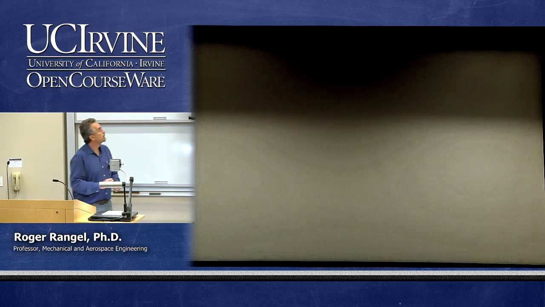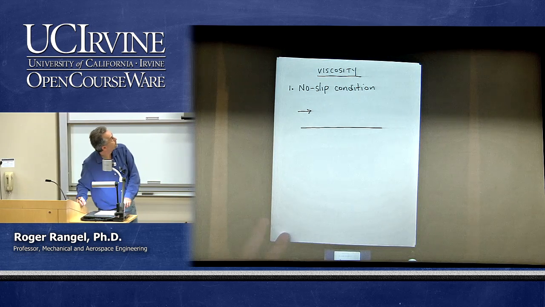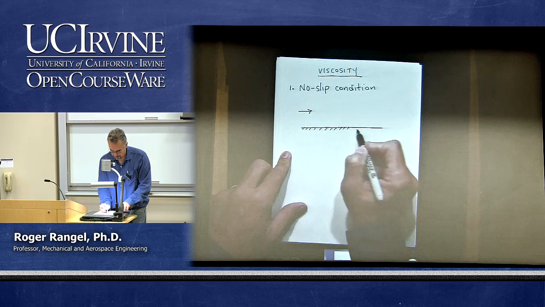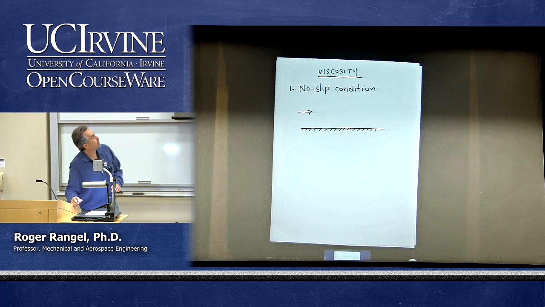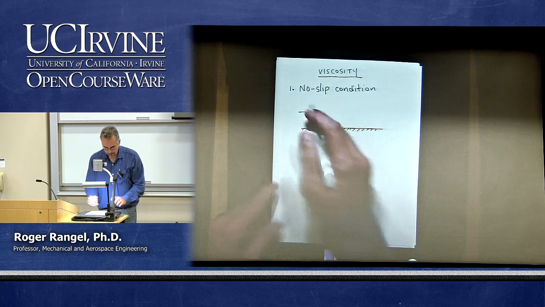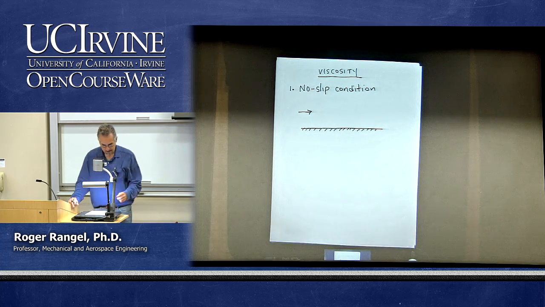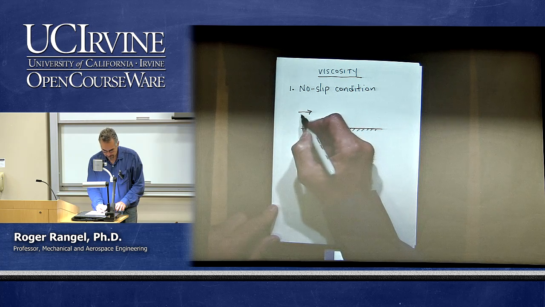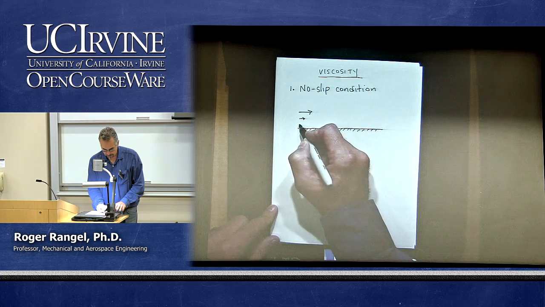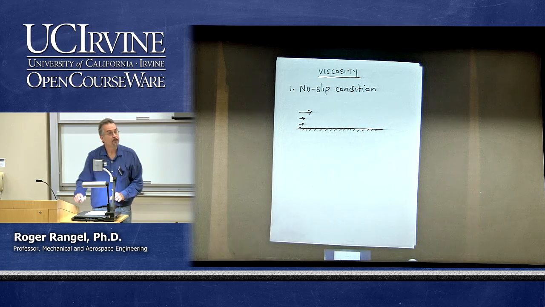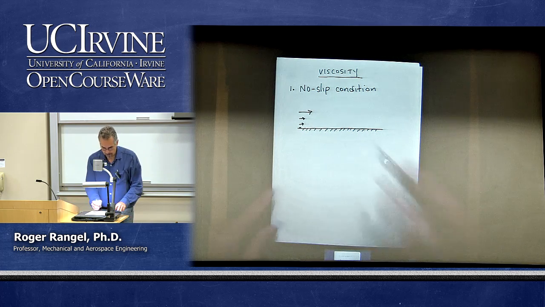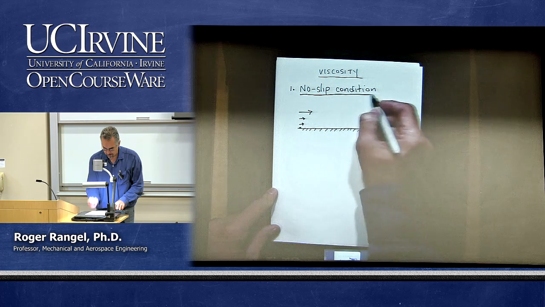If this fluid is moving from left to right, here's the wall. And we try to make a representation of how the fluid is moving. Then we saw that away from the wall, the fluid was moving with a significant velocity. But as we get closer to the bottom wall, that velocity was lower. And in fact, if we measured right at the wall itself, we would see that the fluid is not moving. So that's what we know as the no-slip condition.